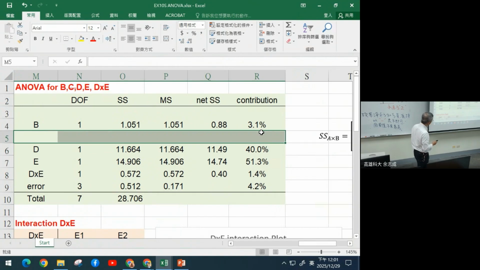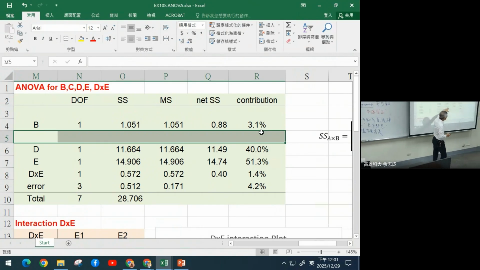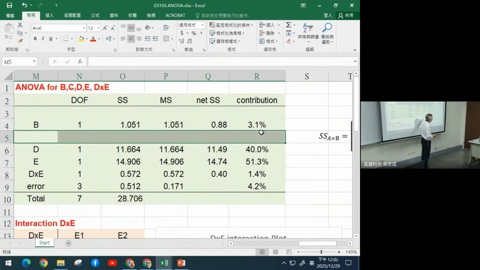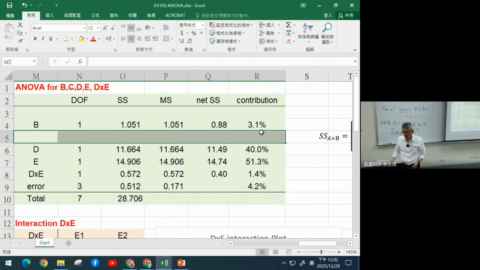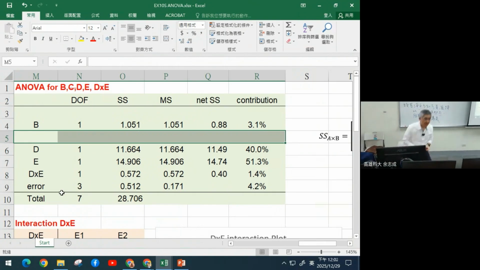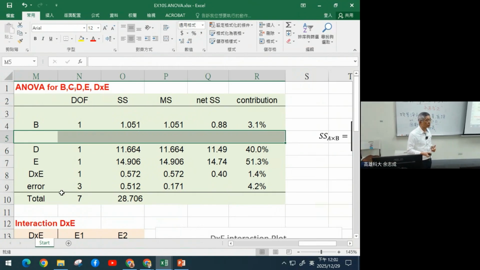You can see, from here, our error percentage becomes 4.2. Now you can see the interaction DE is not important, right? Compared with the contribution of error, it is small. Same thing for B. So you can consider to remove the interaction term. So this is how you determine whether this interaction term is important or not.